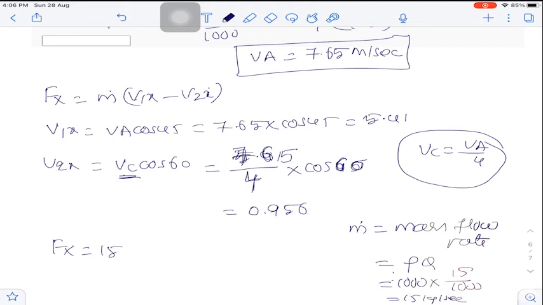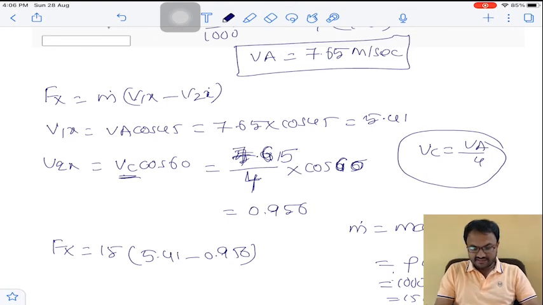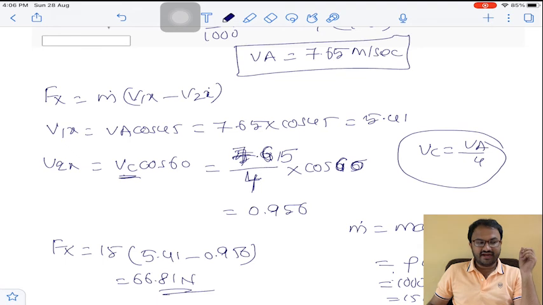So 15 into V1 is 5.41 minus 0.956. So the force is 66.81 Newton. So the answer for question number 11 is 66.81 Newton.